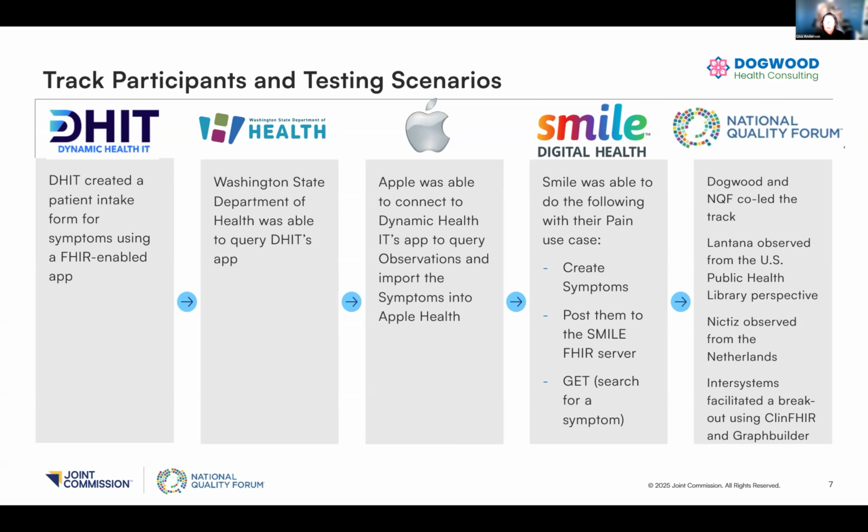So Apple was participating with respect to their personal health record and what they have in Apple HealthKit. A portion of that app does surround symptoms. And so they were able to connect to DHIT's app and query observations and also import the symptoms into their system. And then Smile Digital Health also participated.